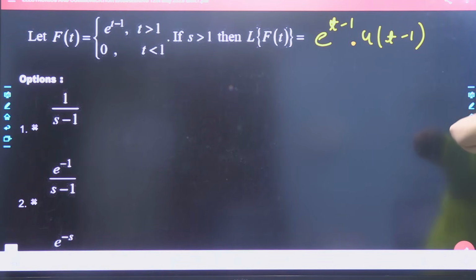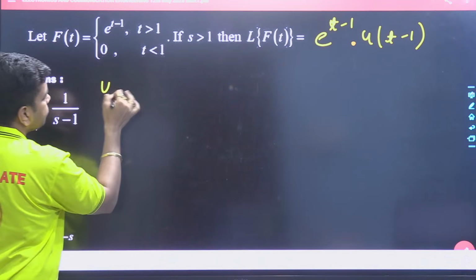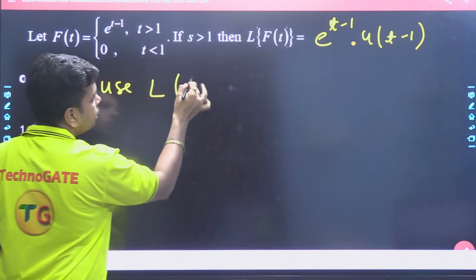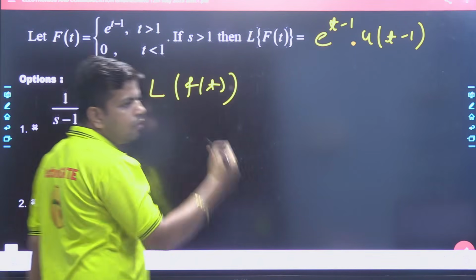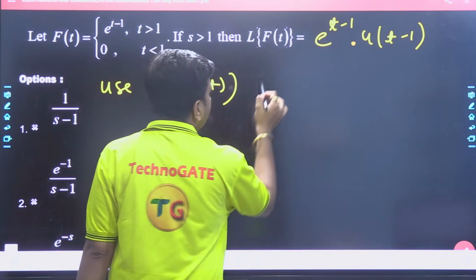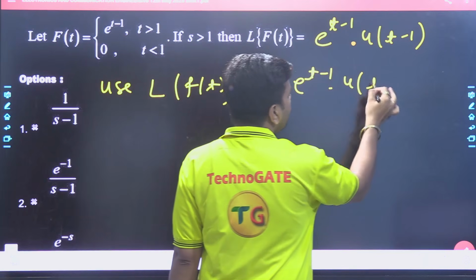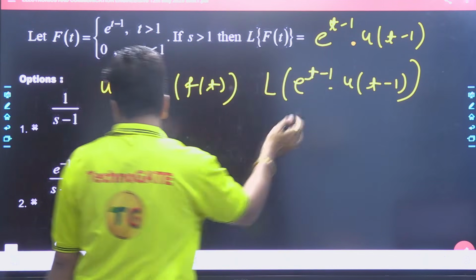Now use the Laplace transform. You need to find the Laplace of f(t). This is simply the Laplace of e raised to t minus 1 dot u(t minus 1).